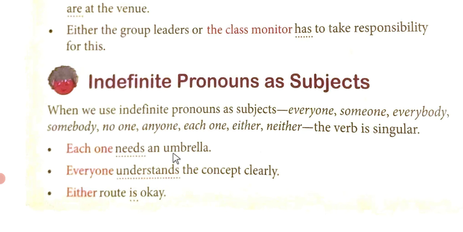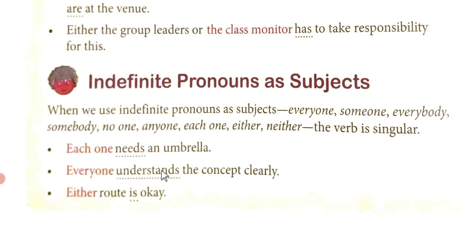Each one needs an umbrella. So here it has been written each one, with the indefinite pronouns as subject. We always use a singular verb. Needs is a singular verb. Everyone understands the concept clearly.